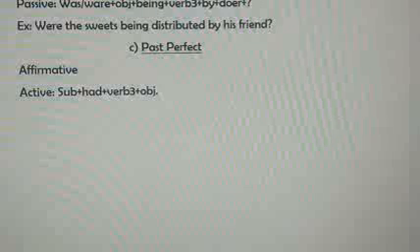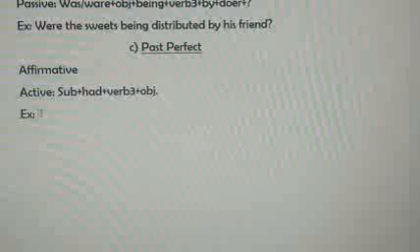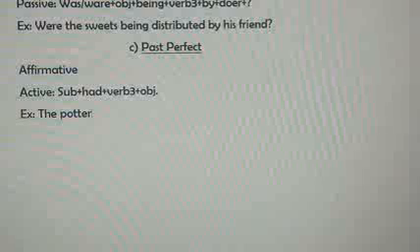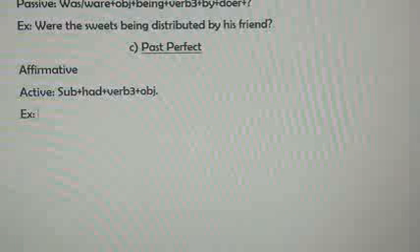Now, let me give you a suitable example for this in the past perfect. The porter had made the ports, or just leave this example. Okay, it may be something lengthy for you.